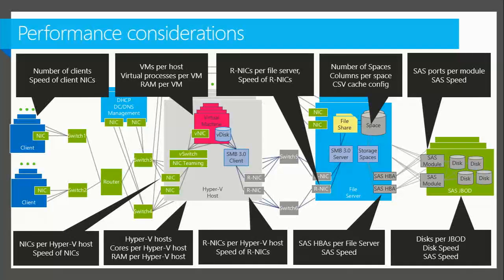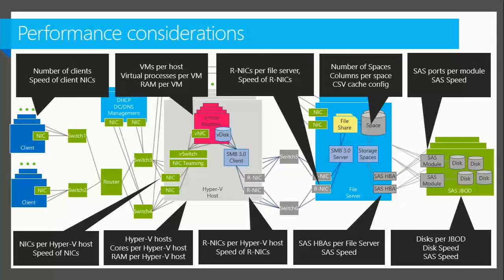Are you using 3 gig SAS or 6 gig SAS? How many disks do you have? Are those SSDs or hard disk drives? How many HBAs do you have? How many connections? How many NICs do you have? How fast are the NICs between the virtual machine host and the file server, right?